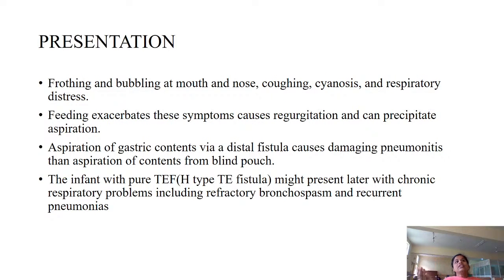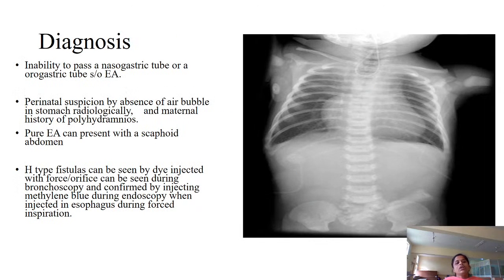But because of the minimal amount of feeds or fluids, especially breast milk, that can escape and reach the trachea, the child will have bouts of cough or chronic refractory bronchospasm and recurrent pneumonias because of aspiration. So the child might not immediately present at birth, but will present maybe in 2 to 3 weeks of life or in early infancy with recurrent pneumonias. So you can understand that it forms one of the differential diagnoses for recurrent or persistent pneumonias.